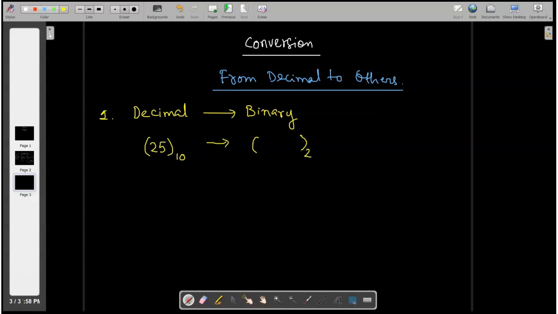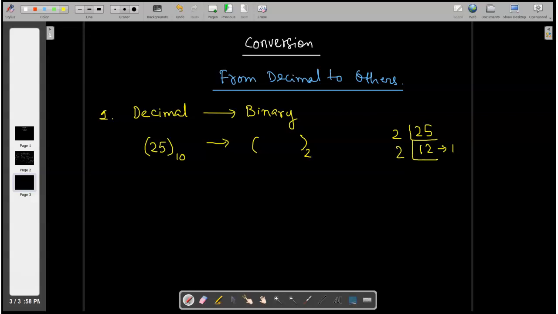So what do we do? Write this number 25, and since you want to convert it into a binary number which has a base 2, divide this number each time by 2. So if it is 25, you can write 2 12s are 24, and you have a remainder of 1. I'll write the remainder here.